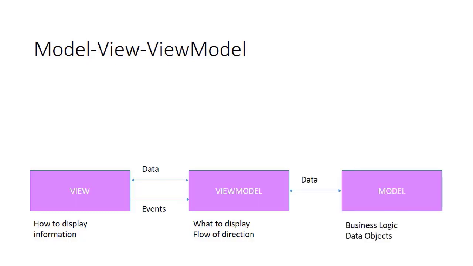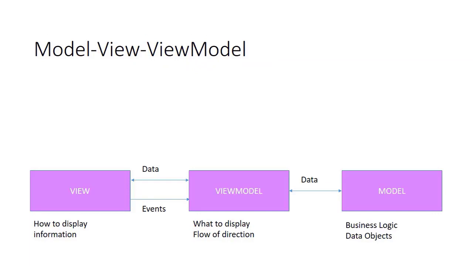The view model will interact and pass some data back. So under the hood, what is this view model doing? Well, this view model is interacting with your model, your business logic, your data objects, maybe your Azure storage or anywhere your data is living. So this way, your view is not talking directly to the data. It's talking via the view model.